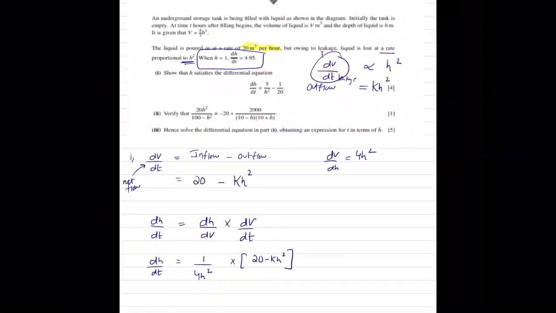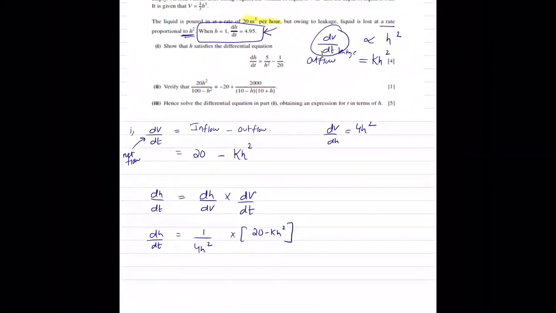Now we are going to use this value that when H is 1, dH over dt is 4.95. So when H is 1, dH over dt is 4.95. This is going to be 1 upon 4 times 20 minus k.